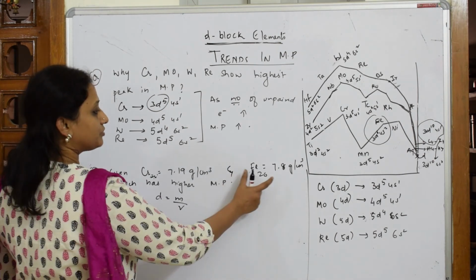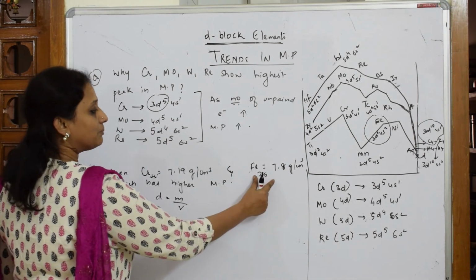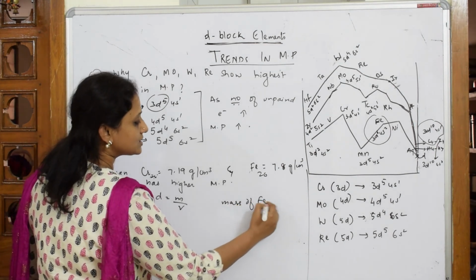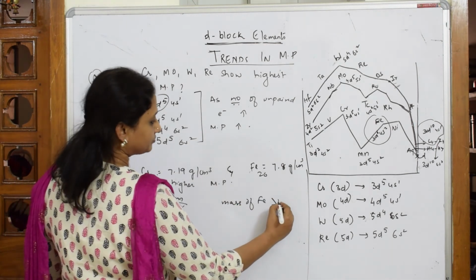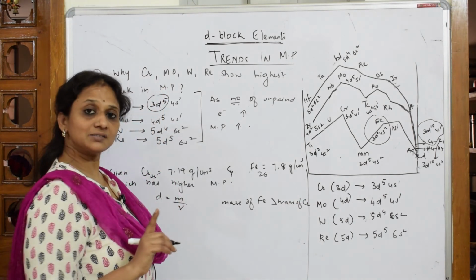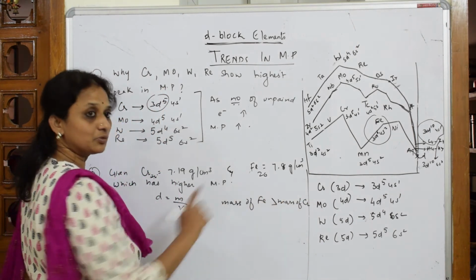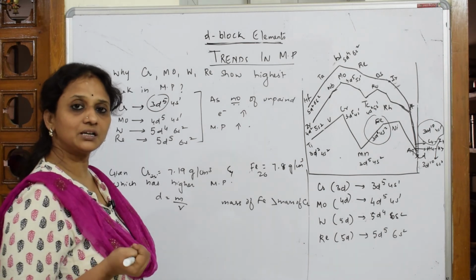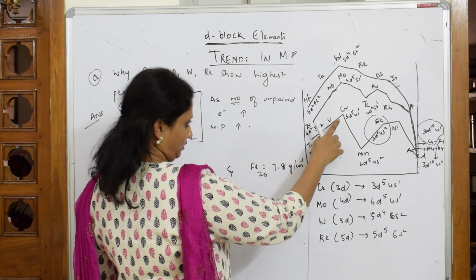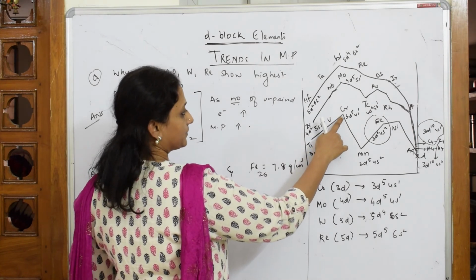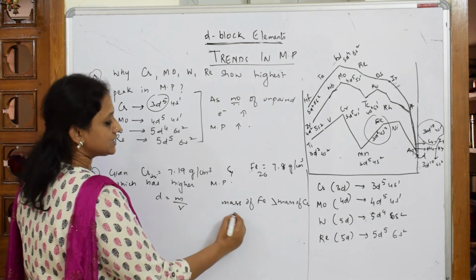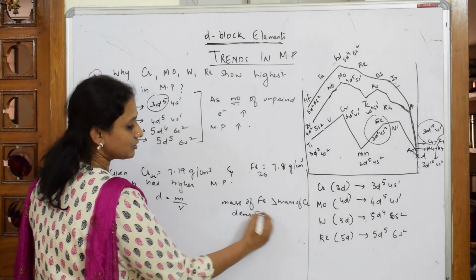So the first concept, based on density: the mass of Fe is greater than the mass of chromium. When the mass of iron is more than chromium, what will happen to the melting point? Let's see. Obviously the density will be higher. Okay, I spoke in terms of density.